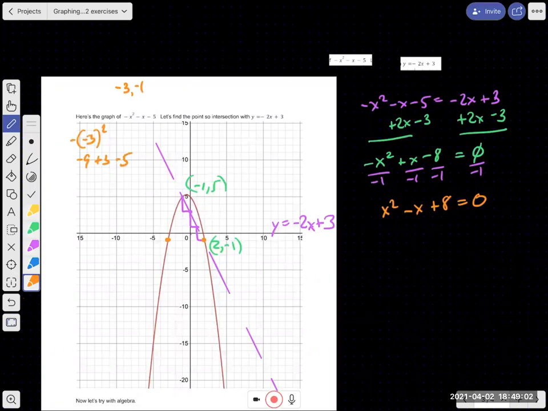So minus 3 gives us a value of minus 1. It doesn't look like it, does it, right? So that does not look like minus x squared. Maybe I have the graph wrong. No, it's okay, it's minus 9. Minus 3 plus 3, so it's minus 6, minus 11.